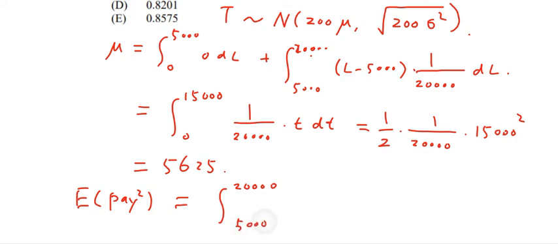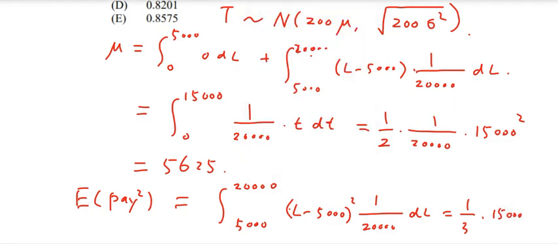From here the payment is this, and so this thing is a square. So this integrated out using substitution is 1 over 3 of this cubed, which is 150,003, divided by the denominator. Okay. So then this is the payment square minus mu square.